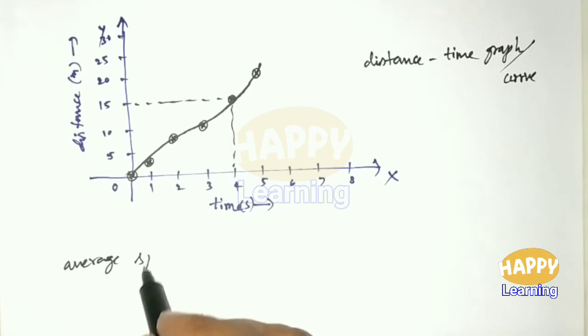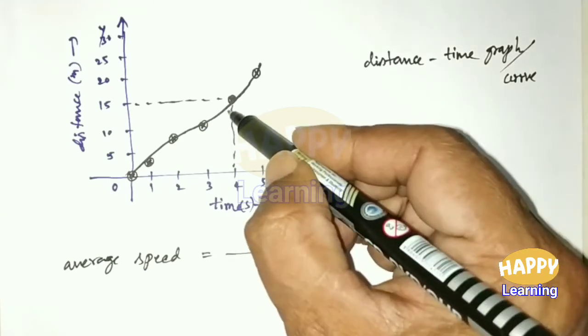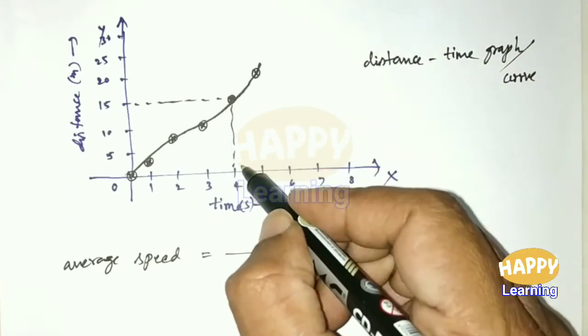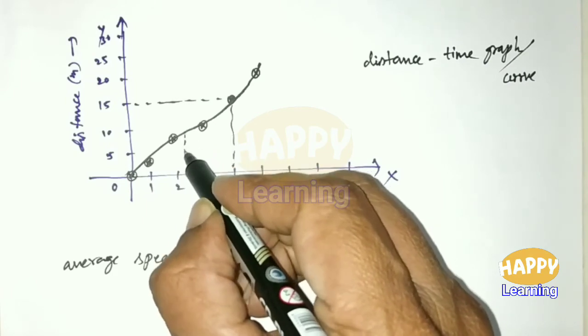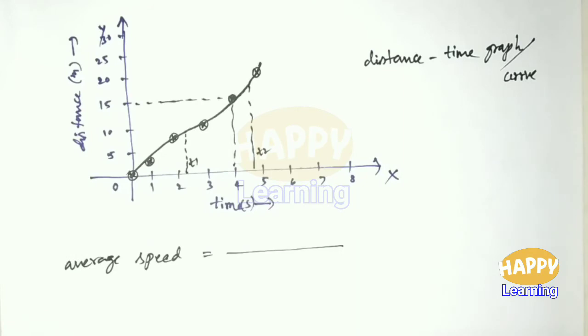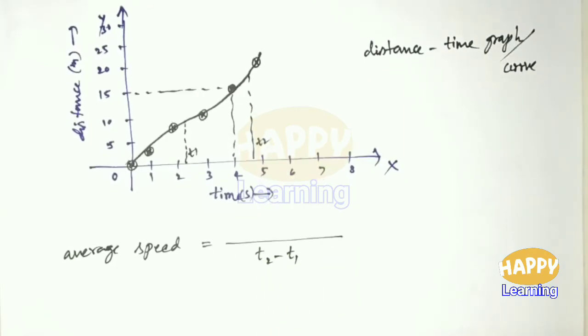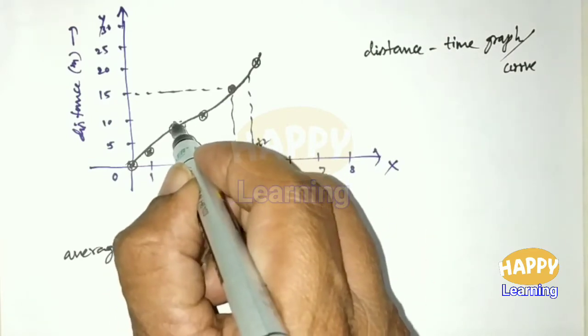Average speed can be calculated from this graph. So you know average speed is equal to distance covered by time taken. Select two different instants of time. Here I am selecting this one as t1 and here I am selecting t2. So two times are selected. So t2 minus t1 is the time interval. Here we are interested in the travel of the body from t1 seconds to t2 seconds.